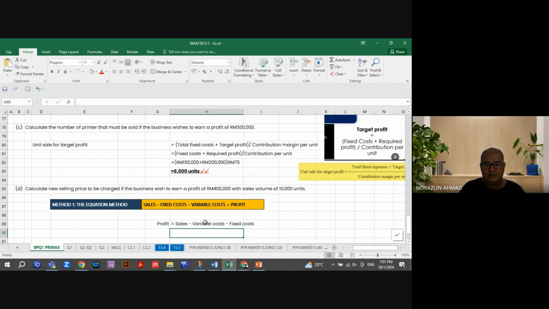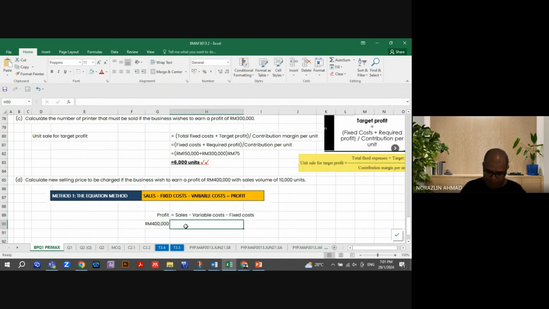This is the formula. Okay. Profit is RM 400,000. Yeah. Going to get.